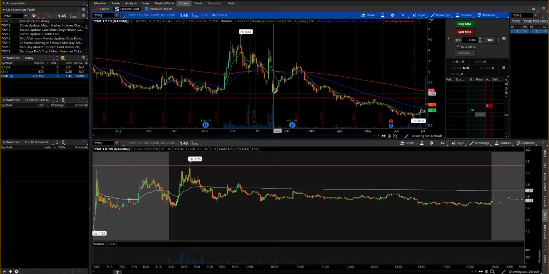So $2 is going to be strong resistance as well, because $2 has been basically the main support of this stock up until this point right here, where the stock broke through $2. It cracked through $2, dropped down, hit 175, came back up, dropped down to 175, and you see it kept hitting 175 here. So 175 held up as support until it cracked, and then it became new resistance.